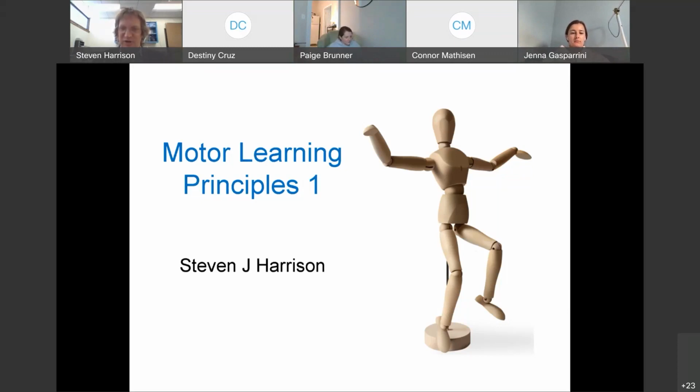You may have to do some work to organize the information itself, to put it in a form that's most easy to understand in the context of what you want to do, which is to get the information across in less than 10 minutes. Okay, so with that said, let's go and look at some motor learning principles.